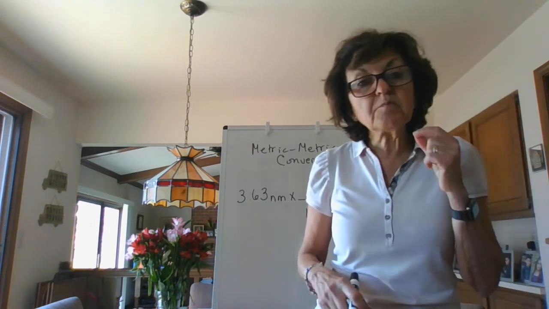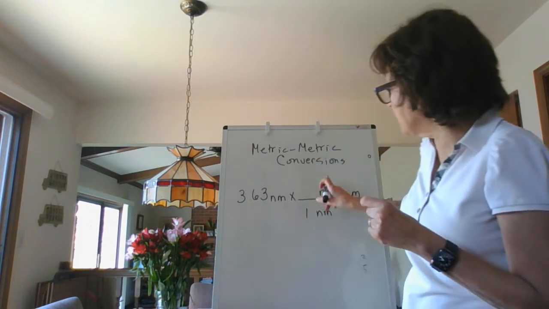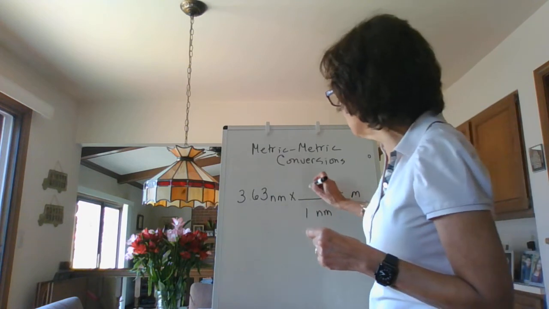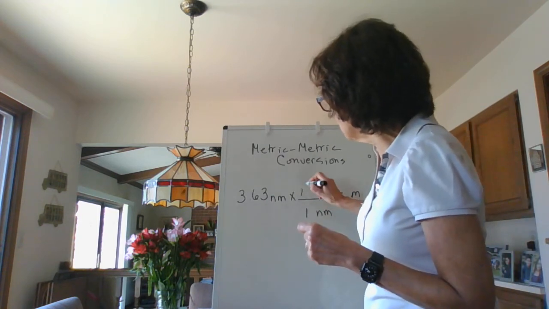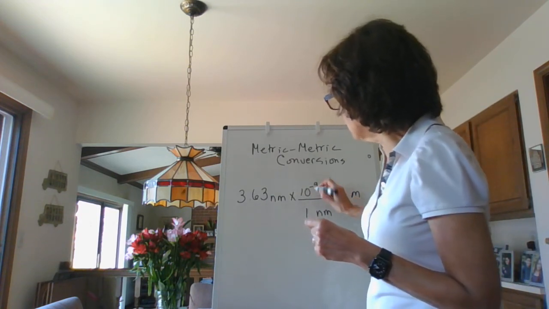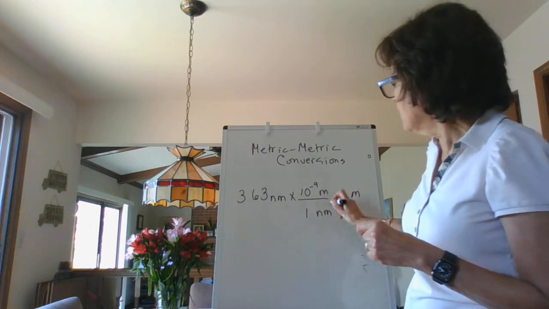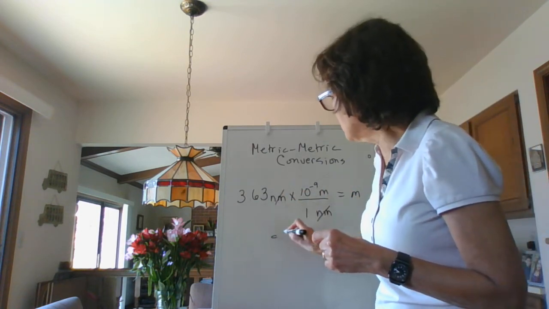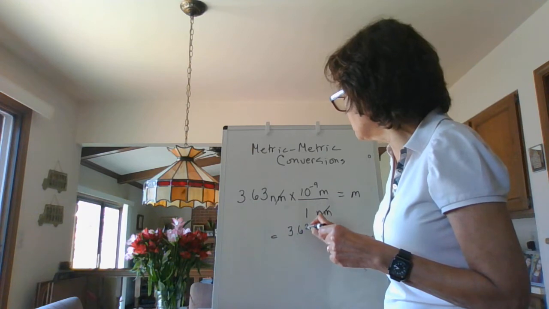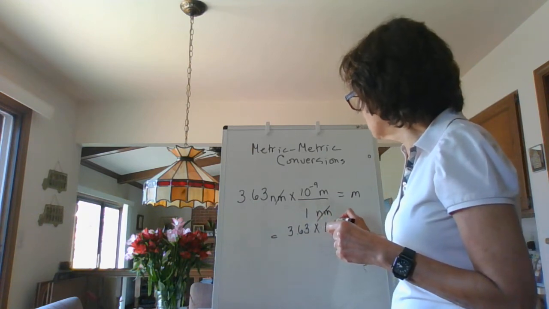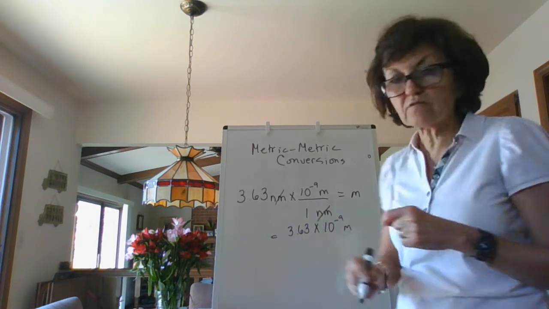And then you put the meaning of the prefix with the base unit. The base unit is the meters. What does nano mean? 10 to the minus 9, so you're putting it this way. Nanometers cancel, and you end up with 3.63 times 10 to the minus 9 meters.